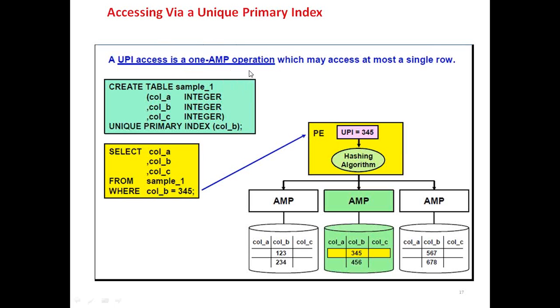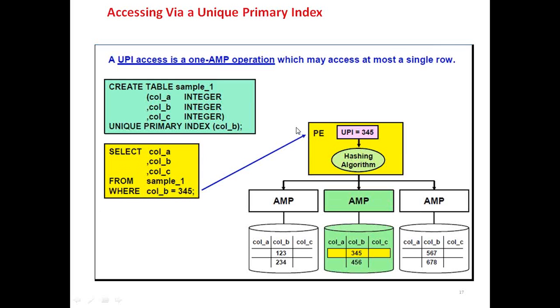Maybe the number of rows retrieved will be more, but it is always a one AMP operation when you use the primary index in the where clause of the retrieval queries. One AMP operation is the best way of retrieving data from Teradata. It is possible when you use the primary index in the where clause.